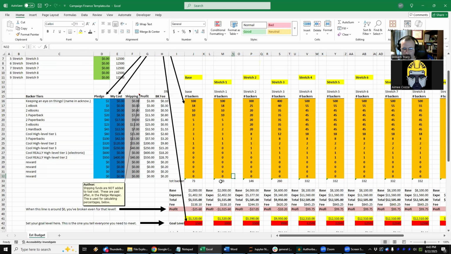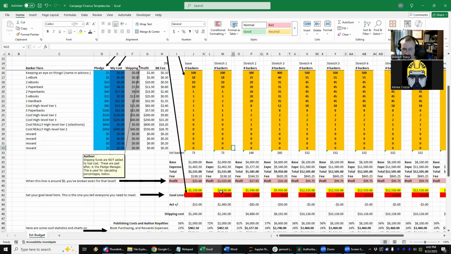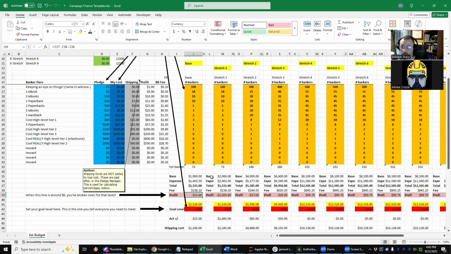Same thing, and add in your number of backers to figure out the estimate. This also is a good thing to do when you just start. So if you copy that and paste it over to your first stretch goal, you can see the difference. If you break even on this, having your next goal means you're now $1,000 in profit or down in profit. Anyway, what I had in here was actually not that many more backers.